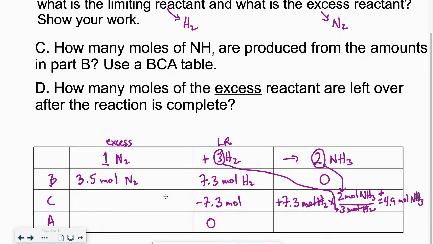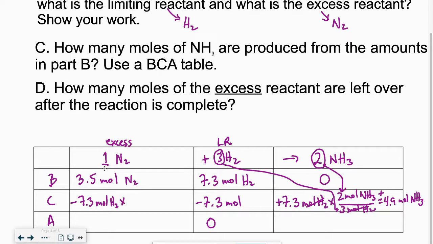Let's fill in the change for the excess reactant. Here our change is going to be negative because it's one of the reactants. So we're going to take my change in the limiting reactant, the 7.3 moles of H2, and change it to the amount of nitrogen necessary by using the ratios.